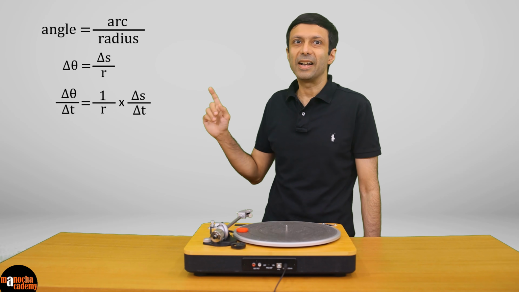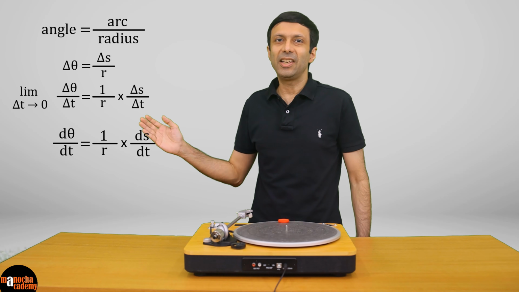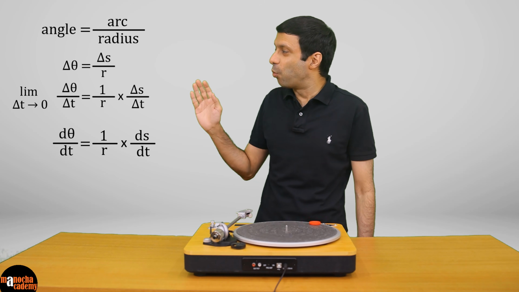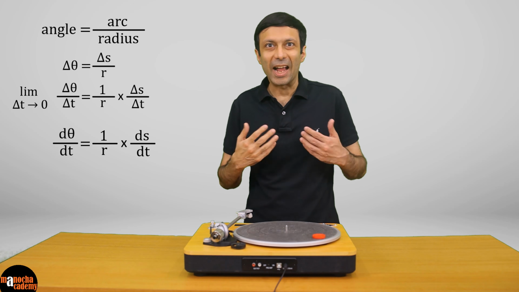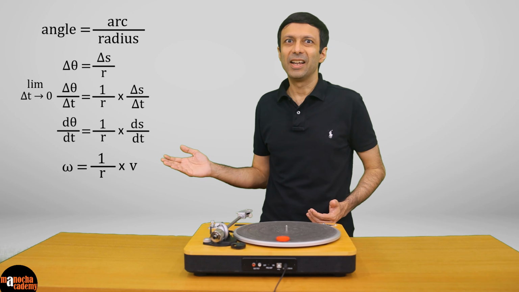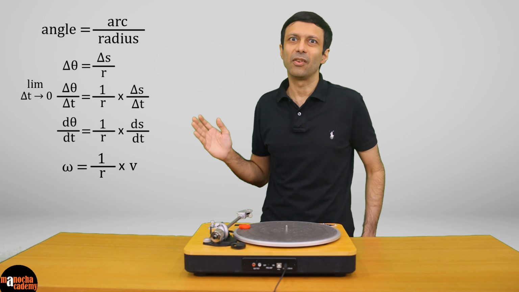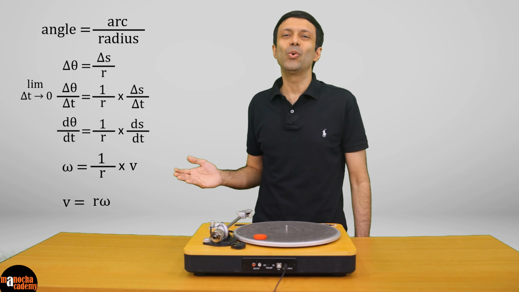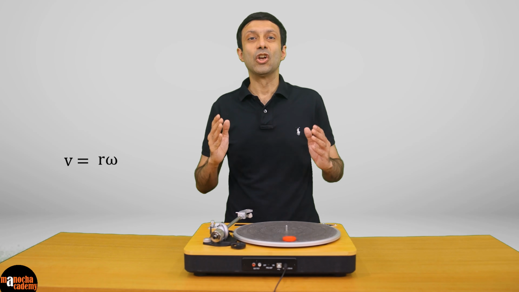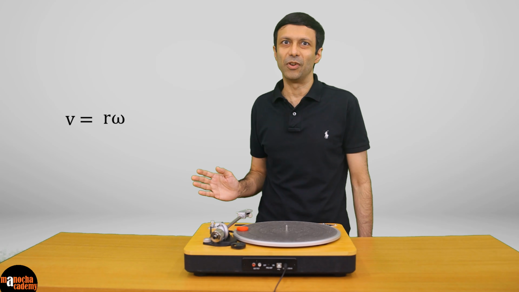Now in the limit delta t tending to 0, we get d theta by dt equal to 1 by r times ds by dt. So angular velocity omega is going to be 1 by r times the linear velocity v. Or you can write it as v equal to r omega. So linear velocity equals radius times angular velocity.